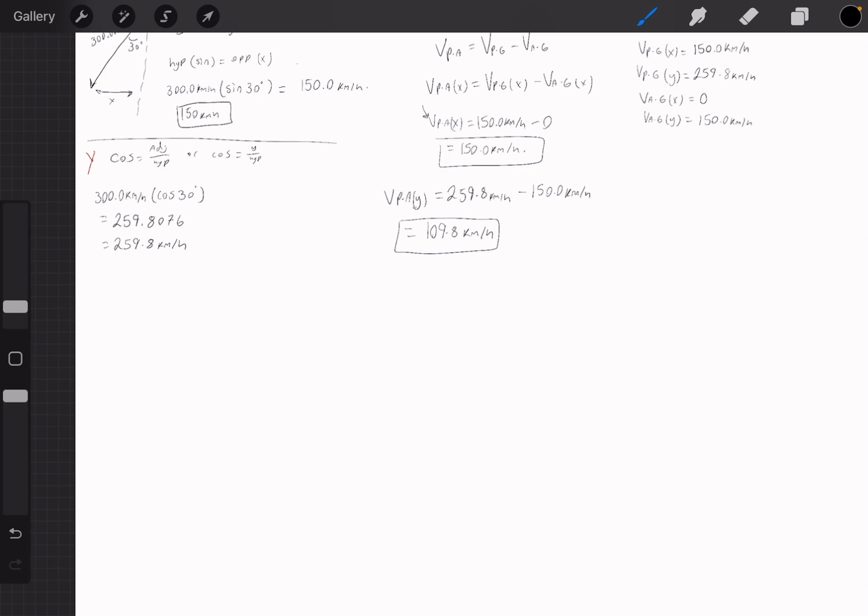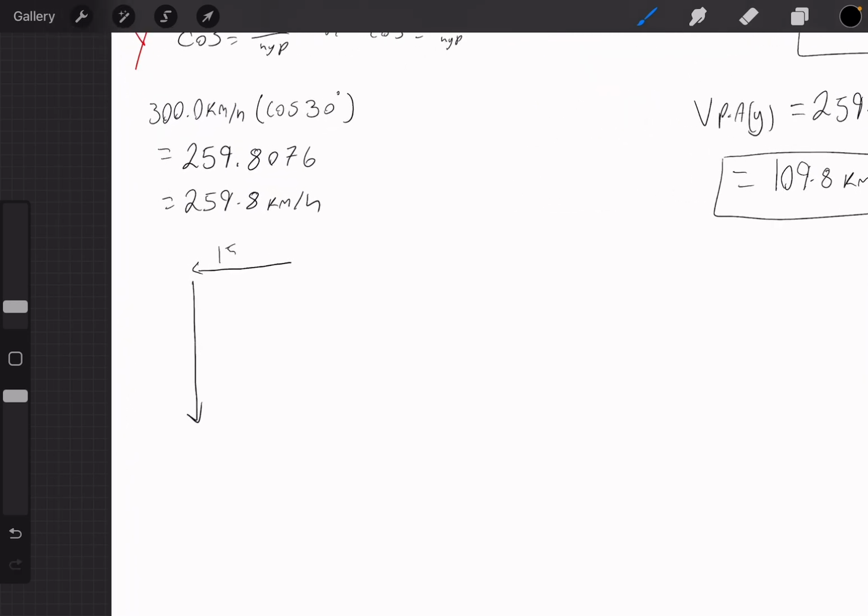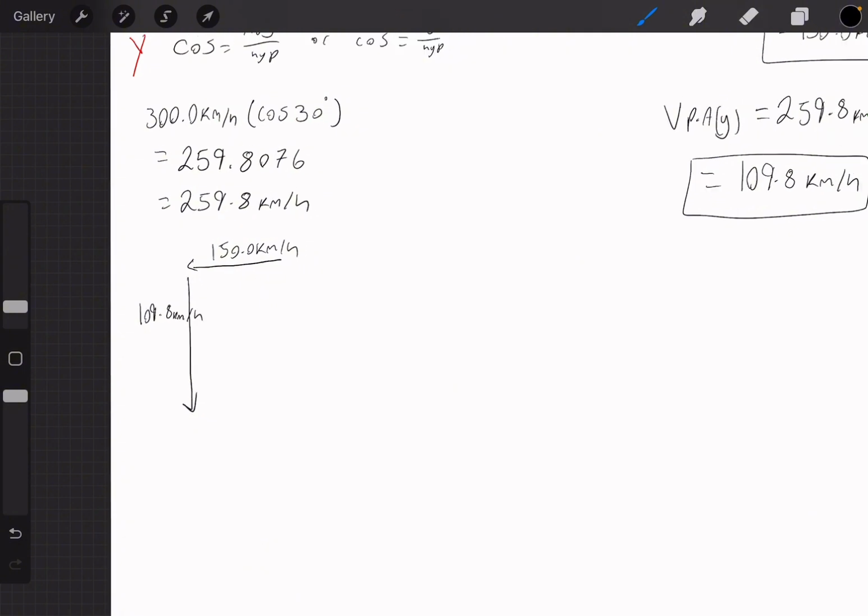Now what I'm going to do is quickly draw this. So what we have here is our y value. X value is going to be 150.0 kilometers an hour, and our y value is going to be 109.8 kilometers per hour.